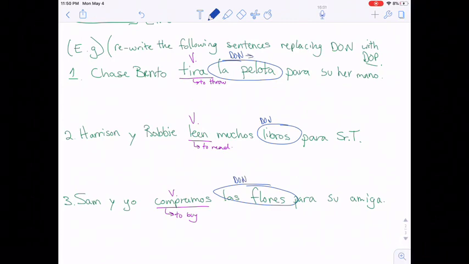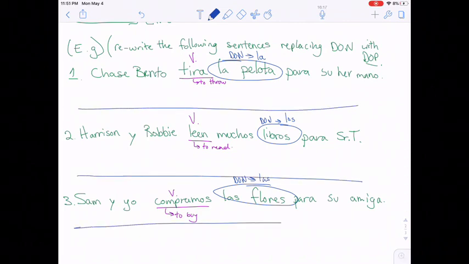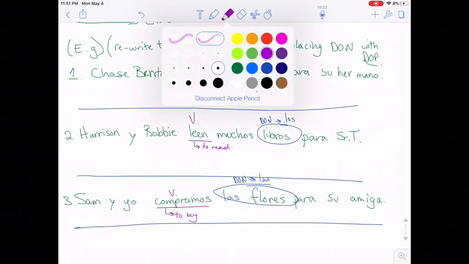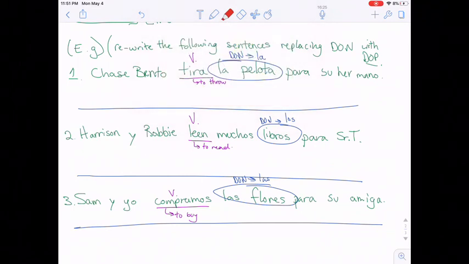Let's give 2 more people. Harrison, because there's 2 of you. Sorry if I spelled your name wrong. Harrison, Robbie, leen muchos libros para Señor T. And then finally, let's say, who else?